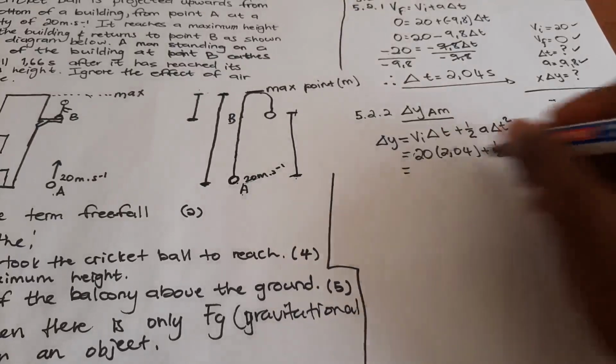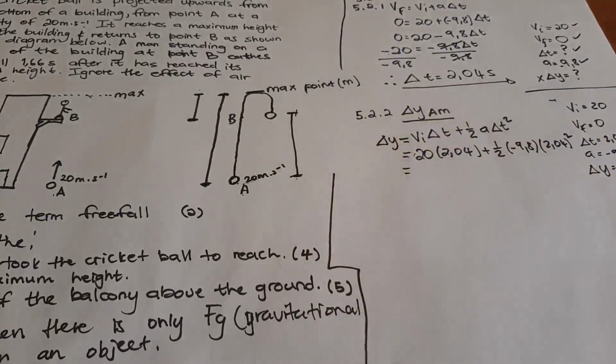So punch that into your calculator and let's see, guys, what do you receive? Let's punch 20 times 2.04 plus half of negative 9.8 times 2.04 squared.